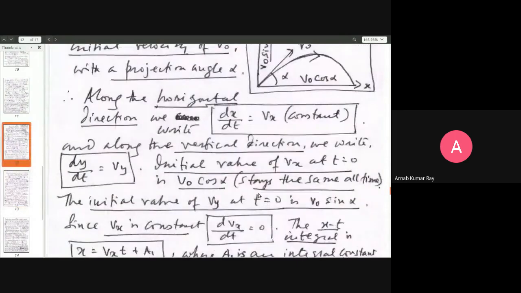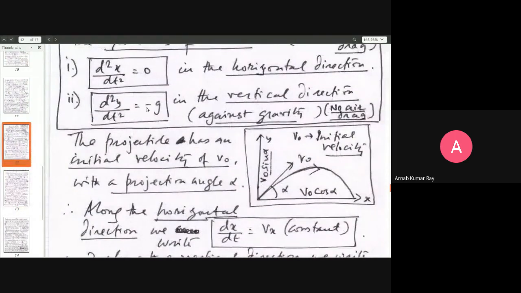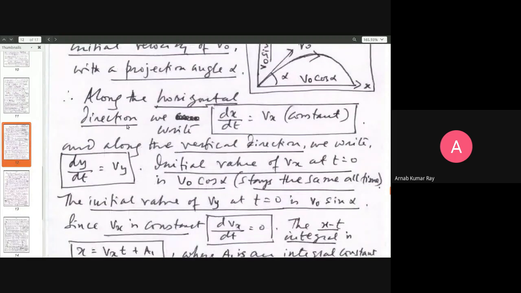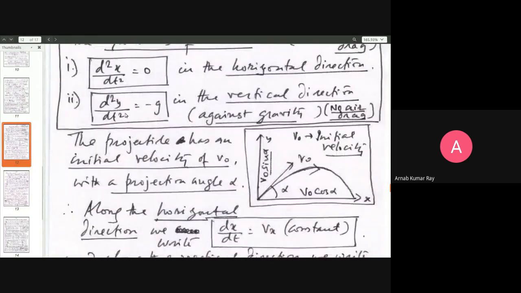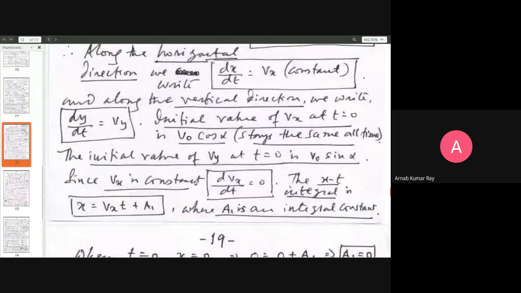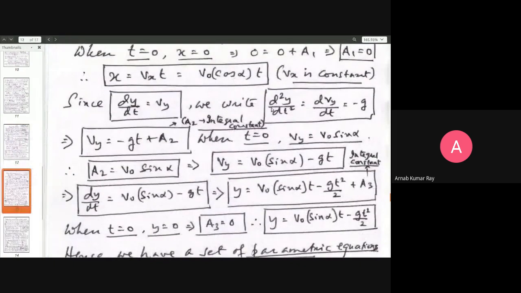What about the vertical equation? d2y/dt squared is equal to minus g, and dy/dt is equal to vy. So dvy/dt is equal to minus g. So vy is equal to minus gt plus a constant. At t equal to 0, vy is equal to v naught sin alpha.